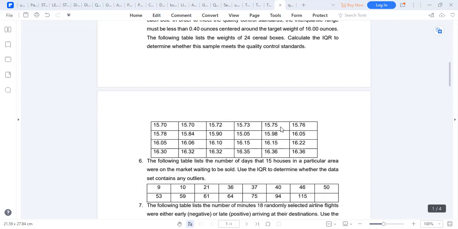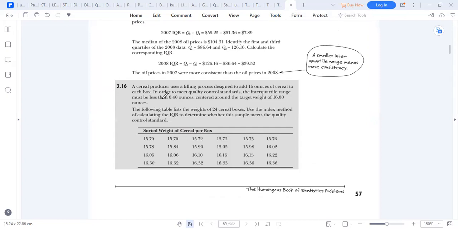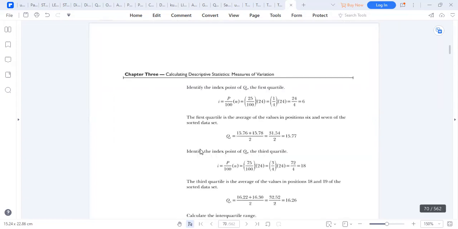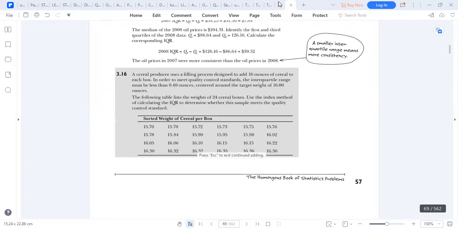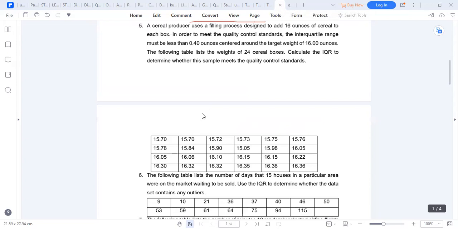So we're given the following weights of 24 cereal boxes. What is the question we've been asked?